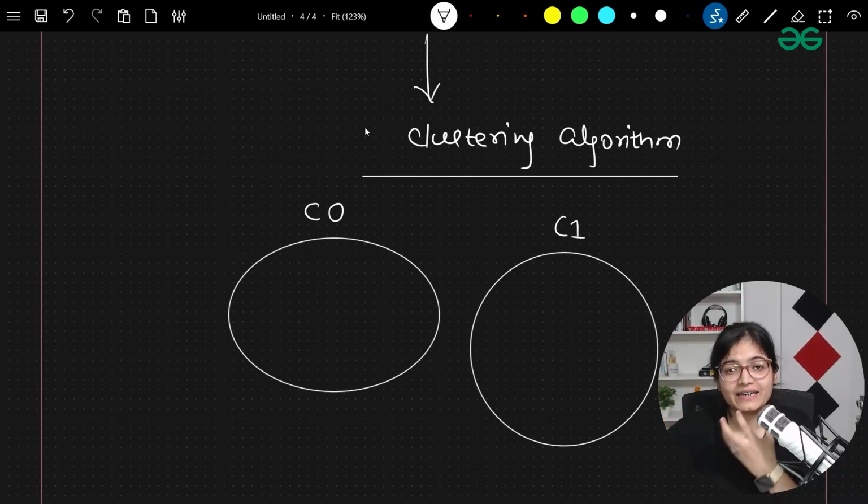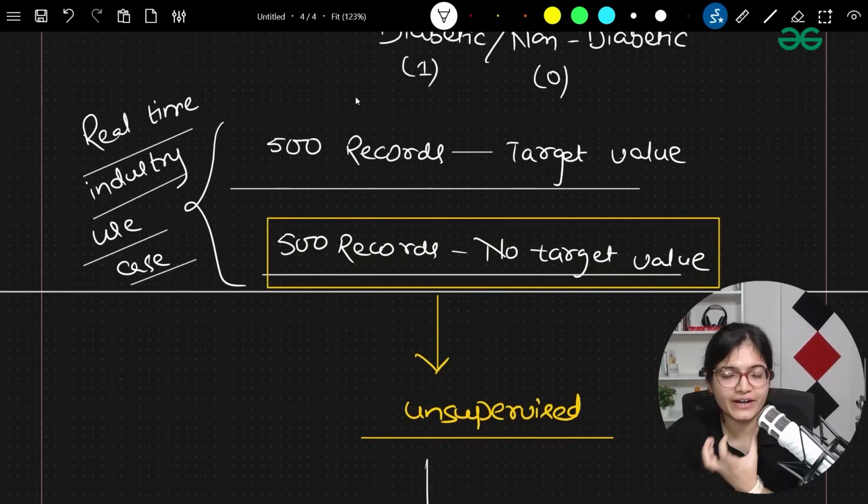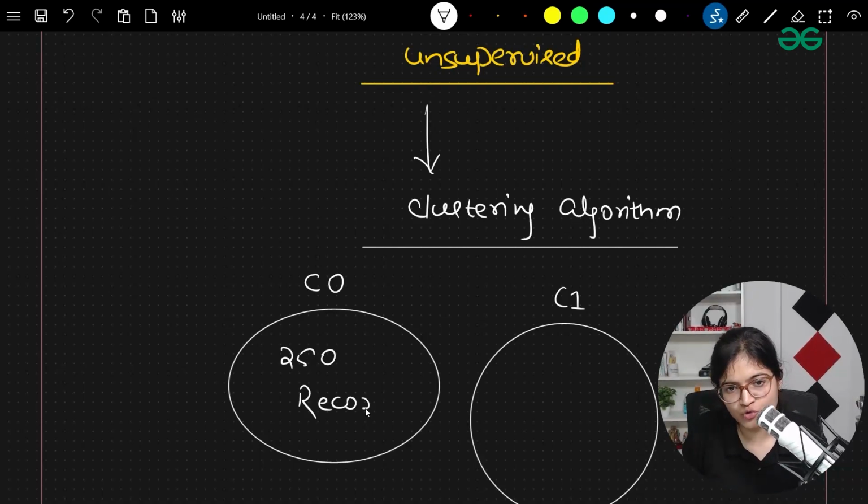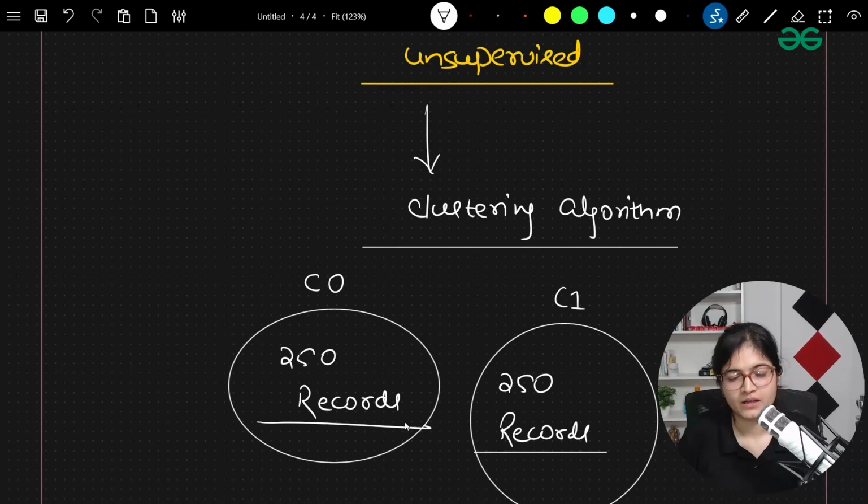It means that now for your 500 records where the labeling was not there, you have made a label. Maybe 250 records belong to class 0 and 250 records belong to class 1. Now you have the labels. Now what will you do?